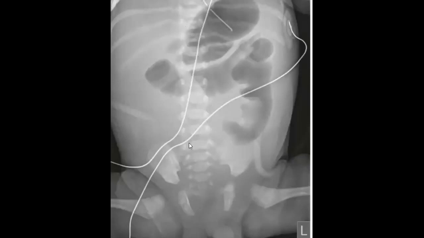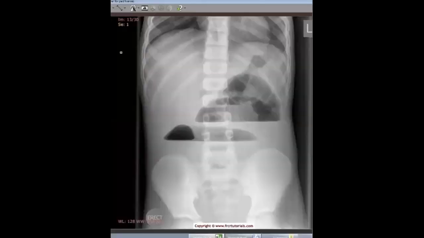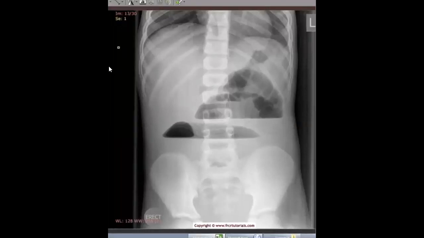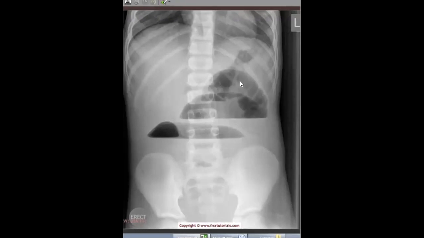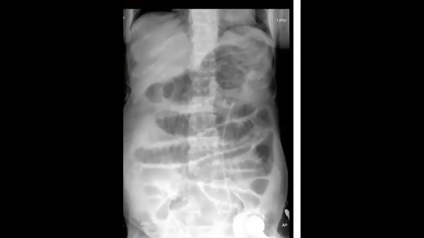Pediatric patient, high obstruction or low? High. Small bowel obstruction with multiple fluid levels, air fluid levels, perfect.